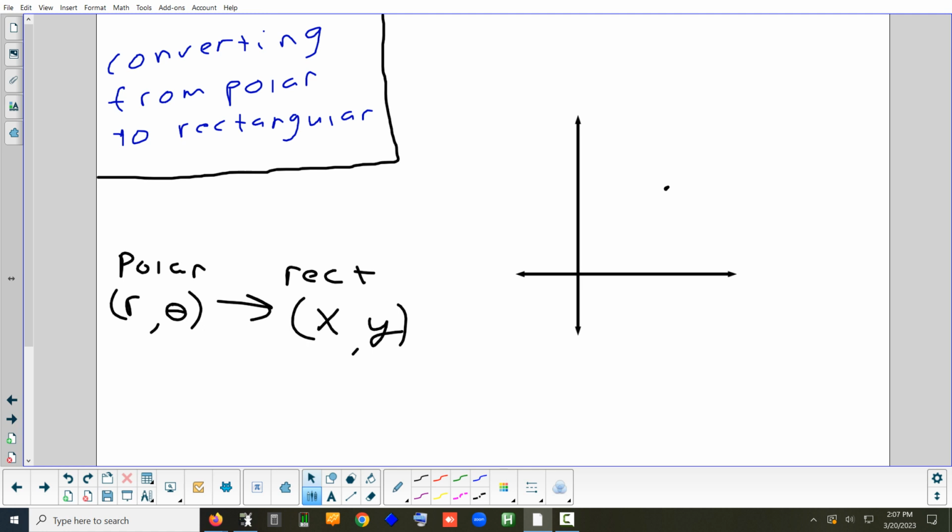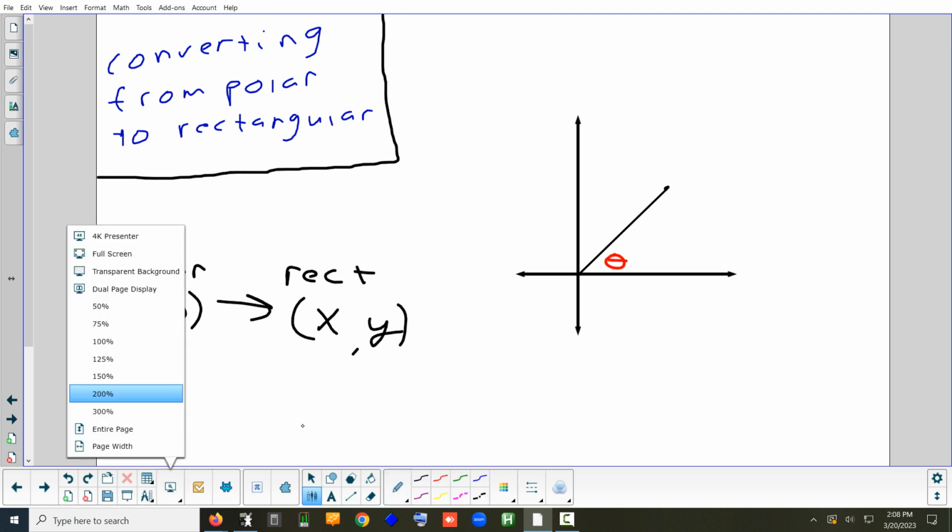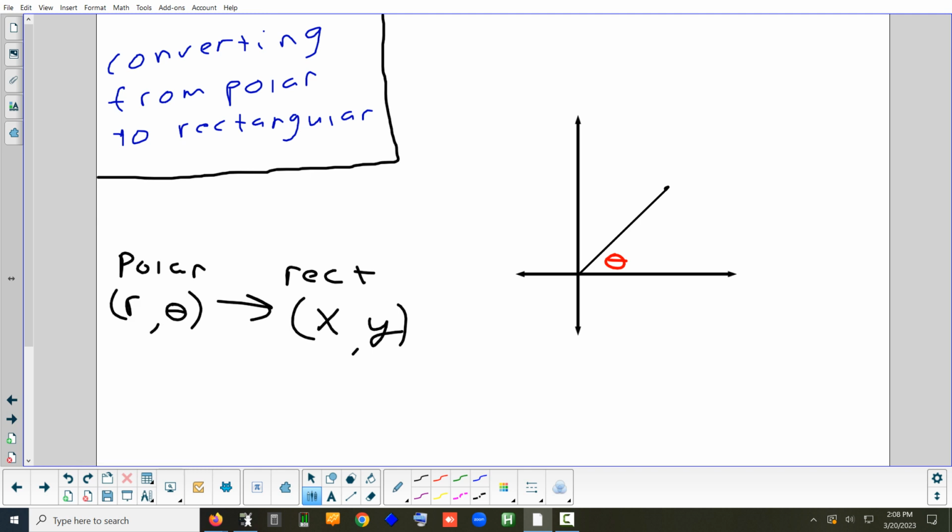R and theta. R is how far away you are from the origin. It's the distance. So in this case, that's R. It's basically how far out you moved from the origin. And theta is an angle. That's how much you rotated to get up to that point.